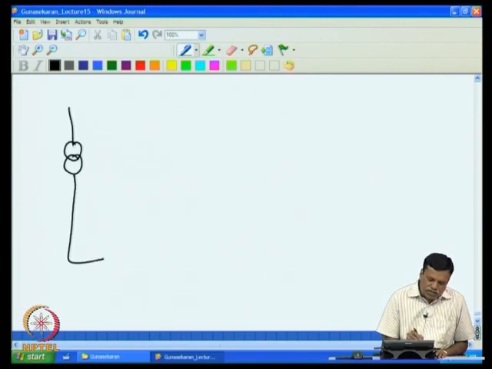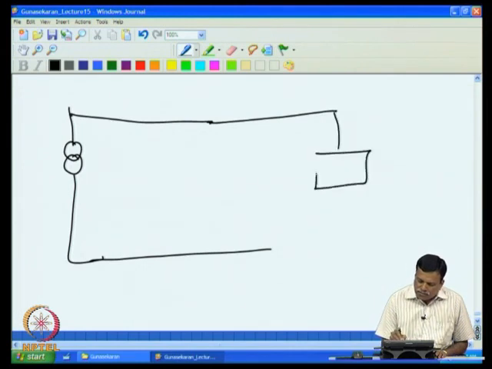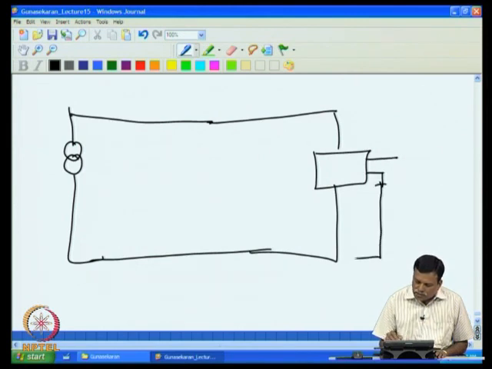this constant current source is transmitted over a long distance, and at the receiving end we will have an instrument. That instrument should produce an output voltage, mostly with respect to this ground.